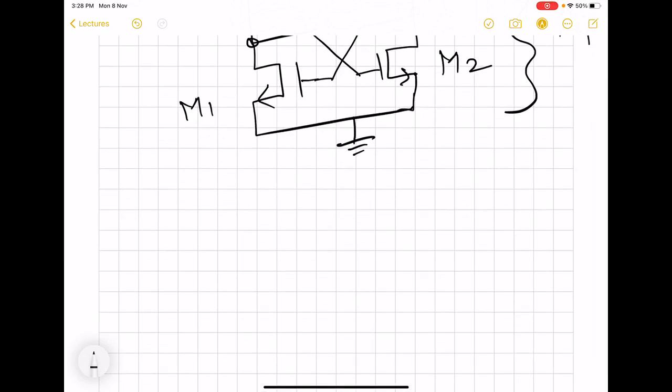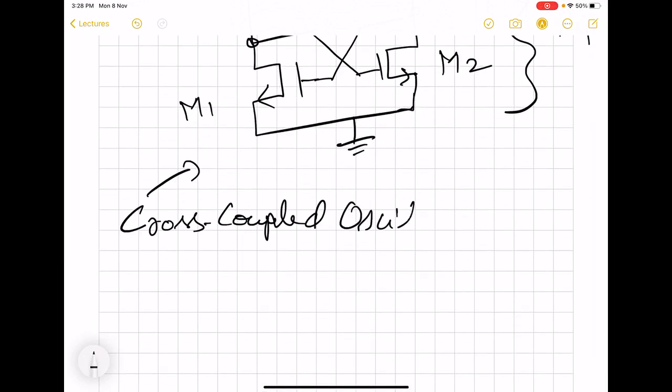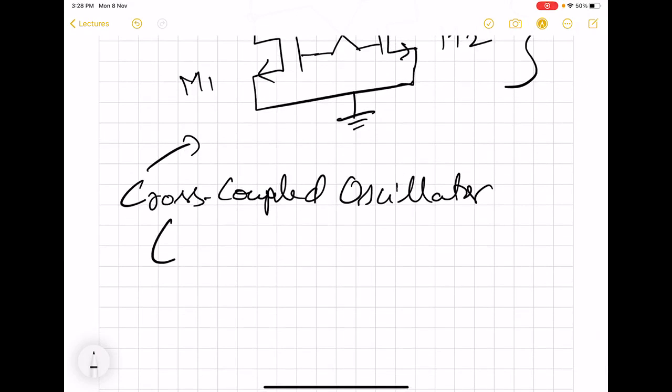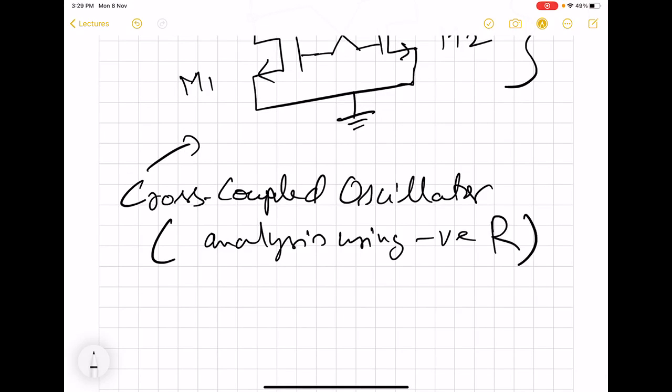So this one is called cross-coupled oscillator. So we are going to analyze this negative R model.